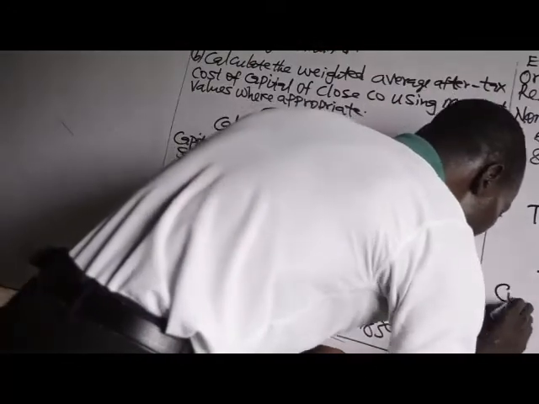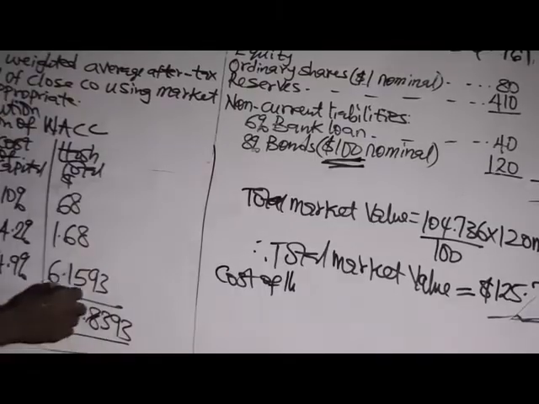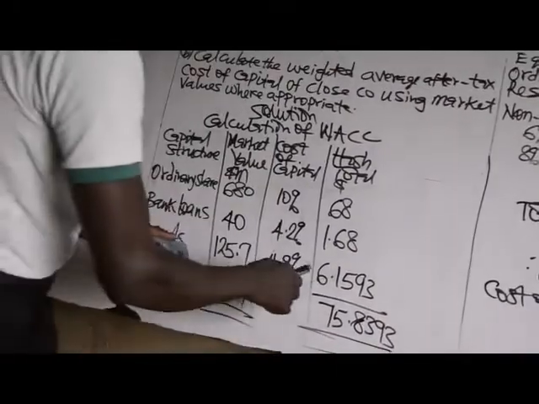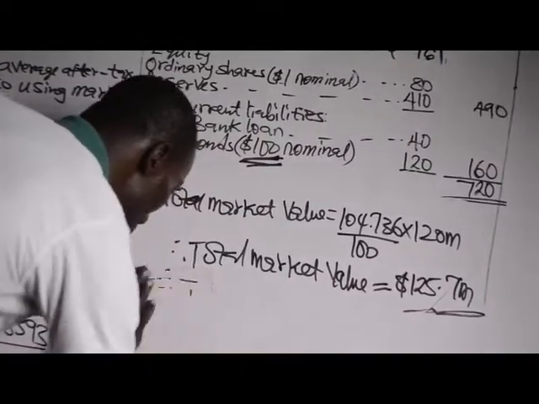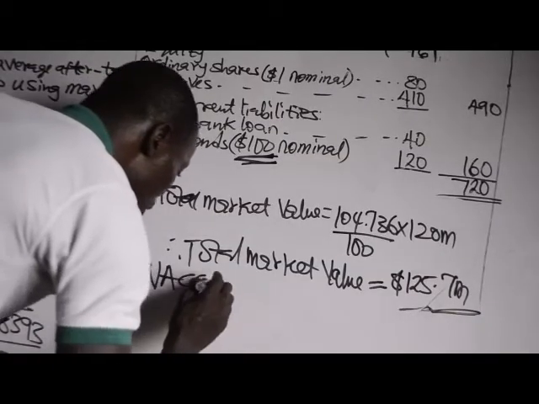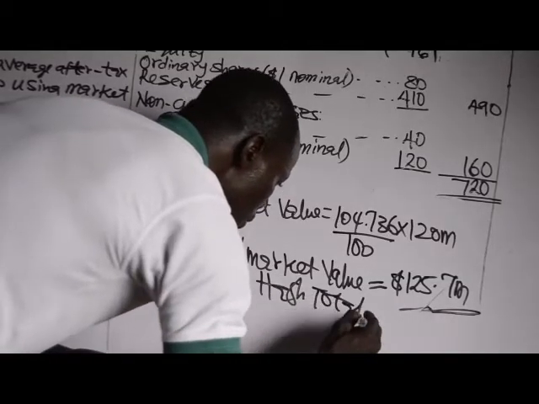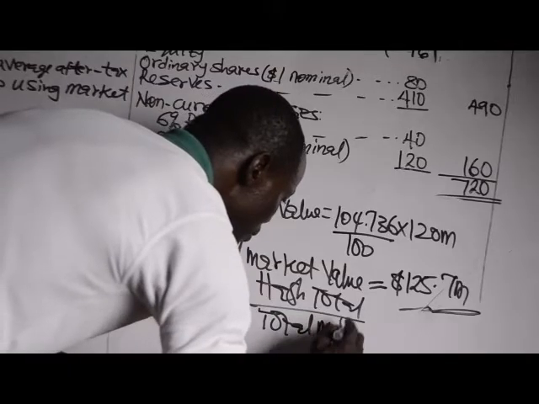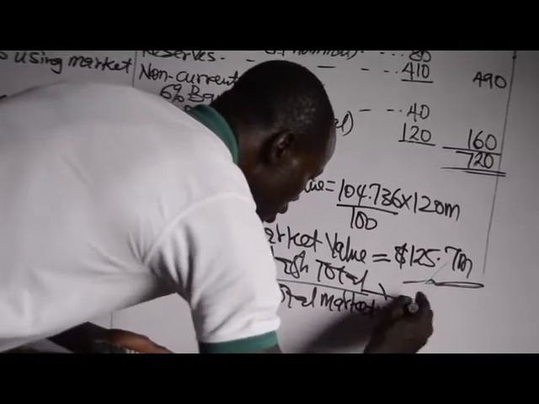Therefore, what is the cost of the bonds? Okay, we've estimated the market value. What is the cost of capital? What is the weighted average cost of capital? Weighted average cost of capital is the hard total over the total market value, times 100.